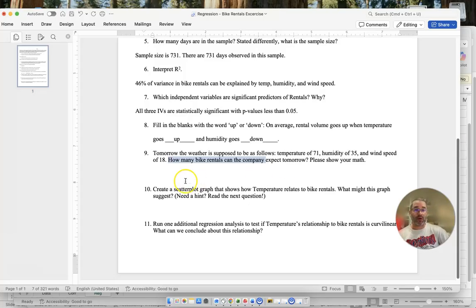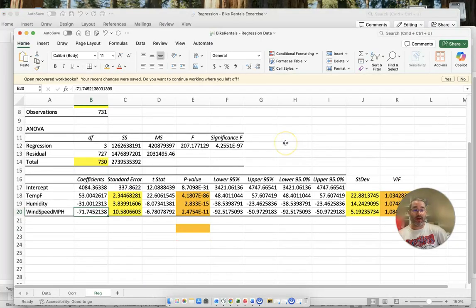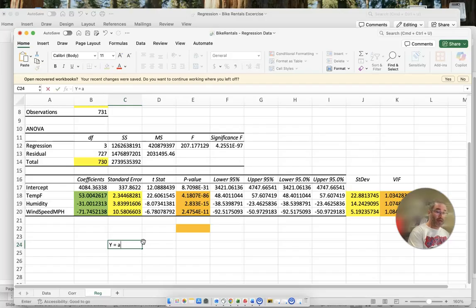Let's do that here. We've got our data, and we need again these coefficients here. Remember our regression equation, I'm going to write that in here: y equals a plus bx.